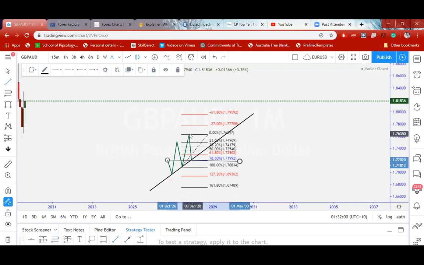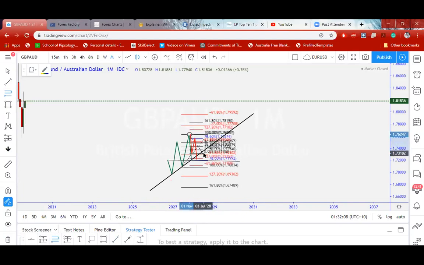Okay. Now I am start to draw the red lines, and the red line is the pullback on the smaller time frame. So I'll be drawing fib high to low to see where the -27 is meeting. So like -27 lining up with 78.6. Okay, so we have enough confirmation on this level. Just one more quick thing.